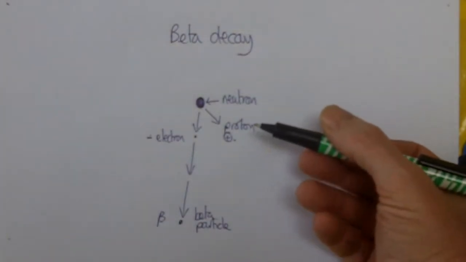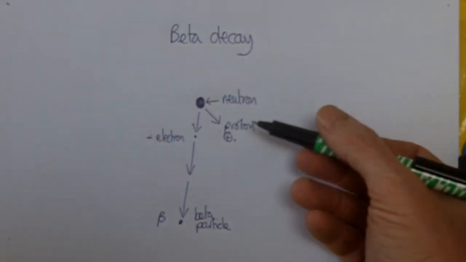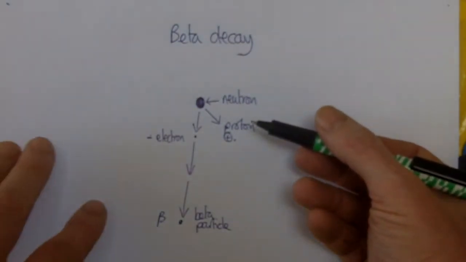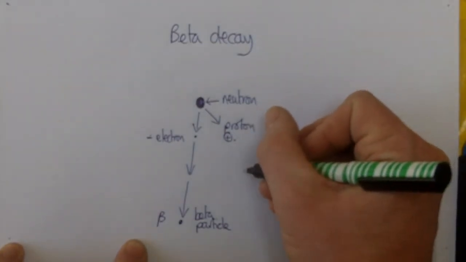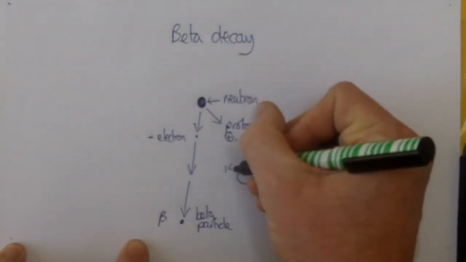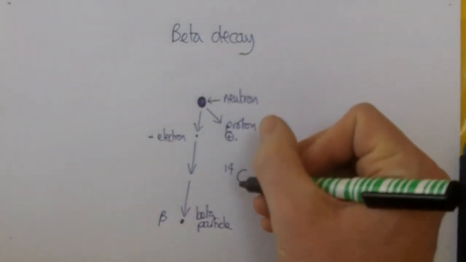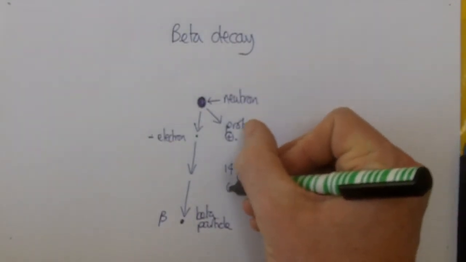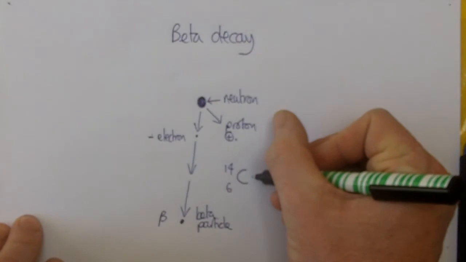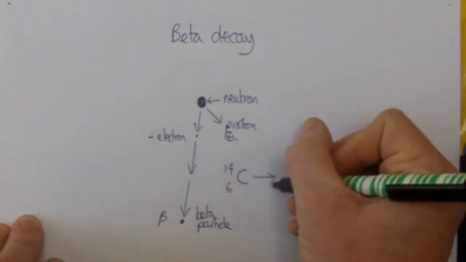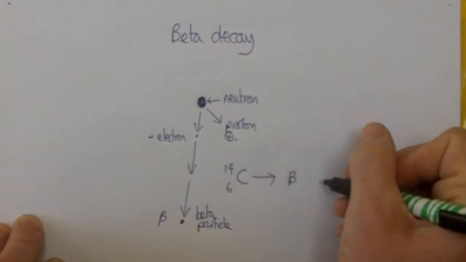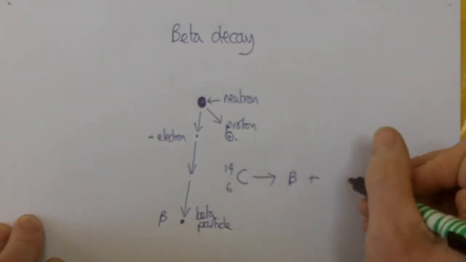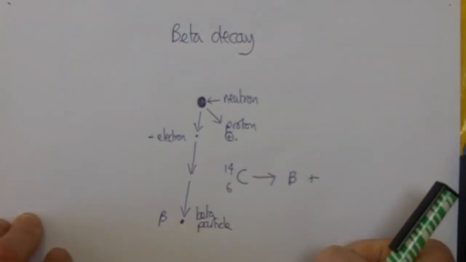So let's have a look at the decay equation for beta, because it can be slightly confusing. We take carbon-14, which undergoes beta decay spontaneously, and a beta particle is given out. Then we've got to think about what happens to our mass number and our proton number.